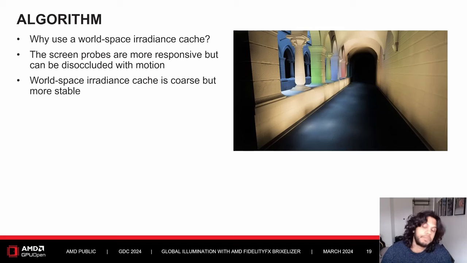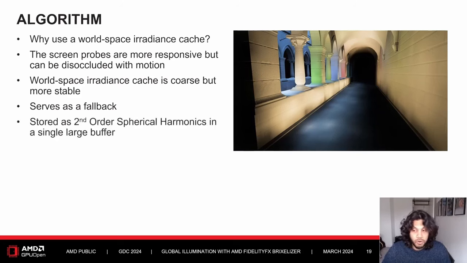On the other hand, the world space cache is more coarse, but it is also more stable and persistent, which makes it an ideal fallback whenever the screen probes fail. These are stored as second-order spherical harmonics, so 9 coefficients per color channel, and they're stored in one large buffer that's common to every Brixelizer cascade.